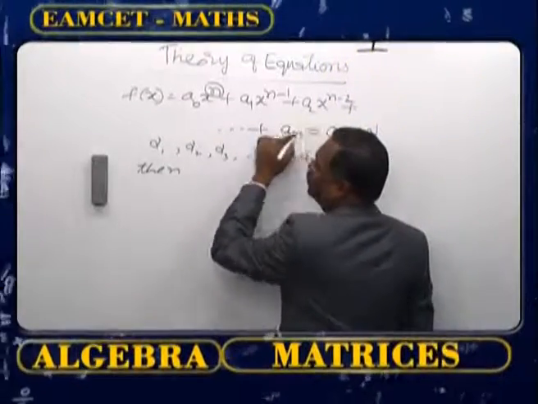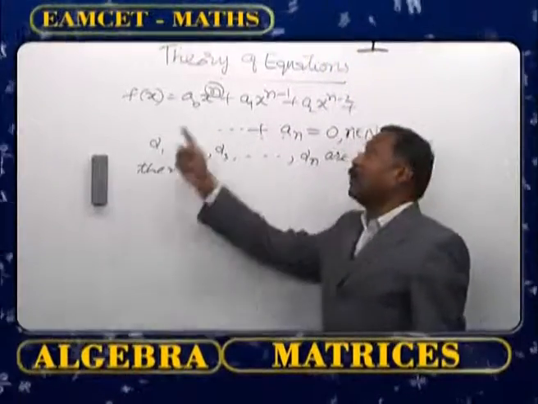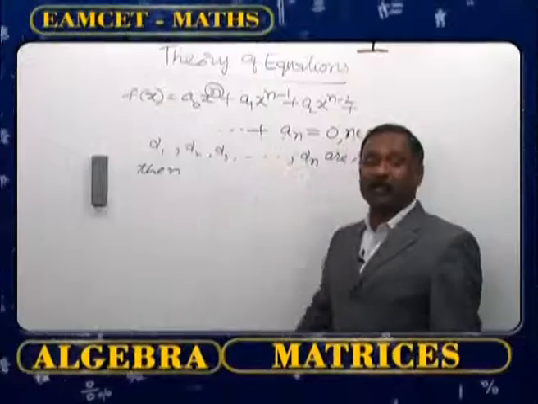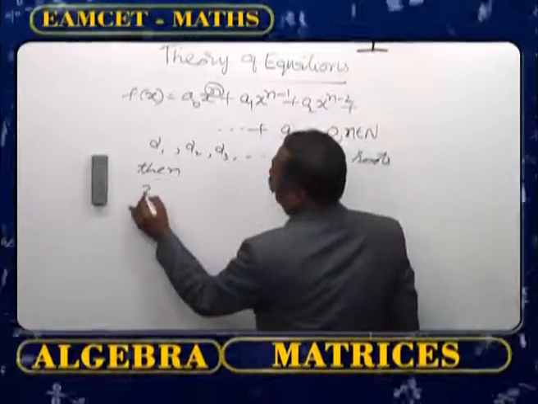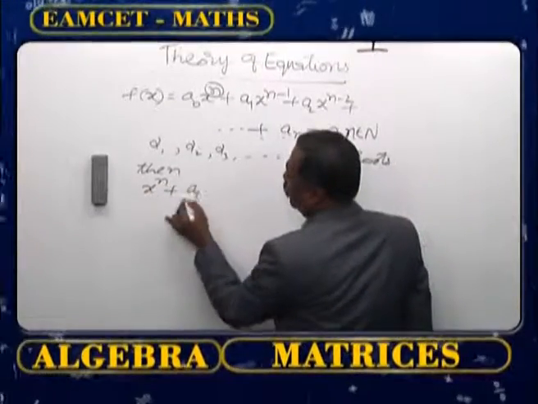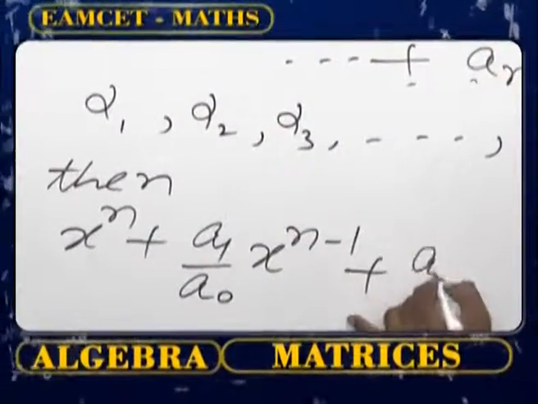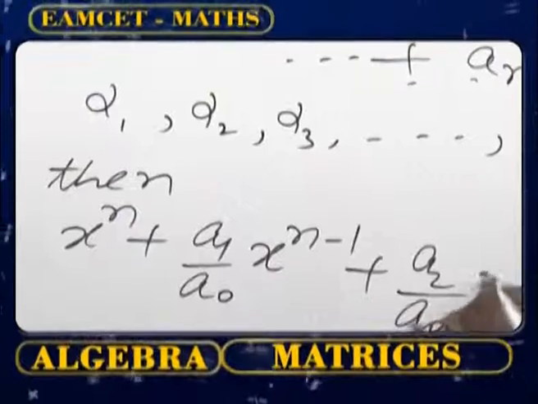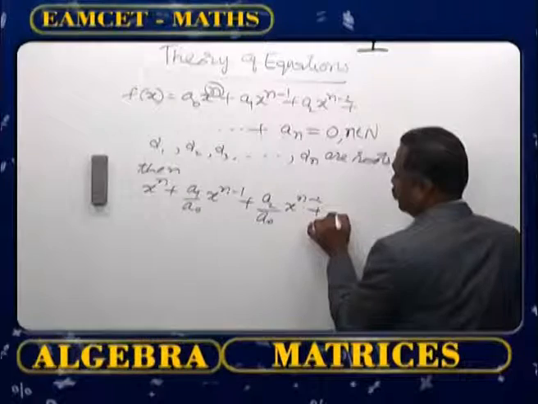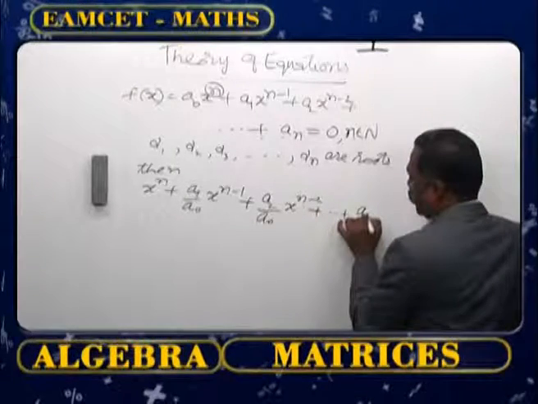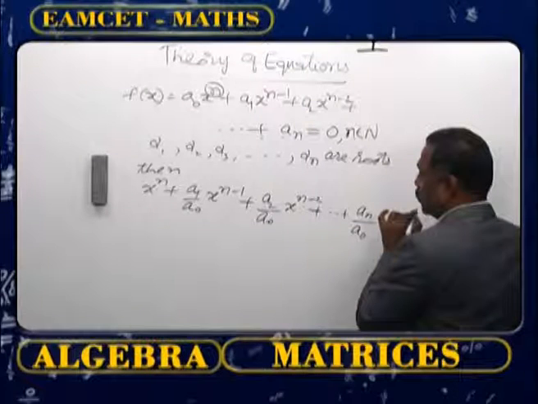I will divide throughout by a naught because I want to make the leading coefficient 1. That becomes x power n plus a1 by a naught into x power n minus 1 plus a2 by a naught into x power n minus 2 plus and so on, plus an by a naught is equal to 0.